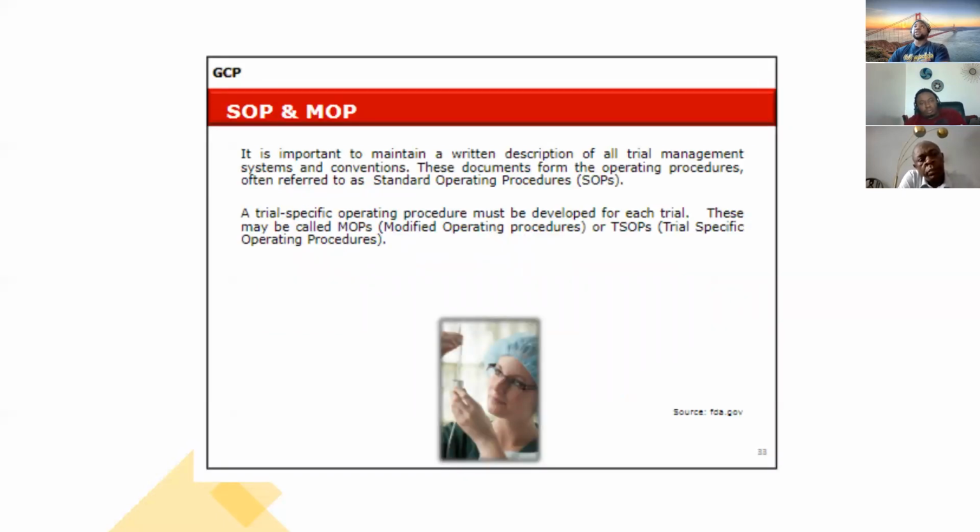SOP and modified operating procedures. Modified operating procedures are also another part of the SOPs. So the whole point of this slide is just for us to understand that there are different procedures involved, because GCP is good clinical practice, which of course applies to all sites across clinical research.